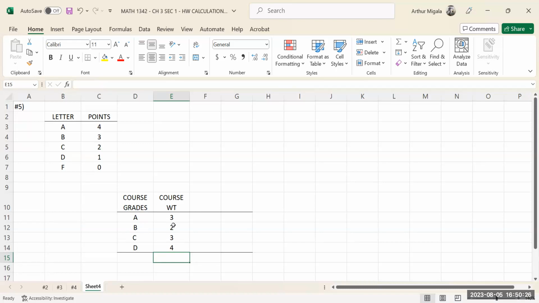So this is what the student actually got. You got A for a 3-hour course, a B for a 2-hour, a C for a 3-hour. So let's see how many points they're going to get. So for an A, it's 4 points. For B, it's 3 points. For C, it's 2 points. And for a D, it's 1 point.